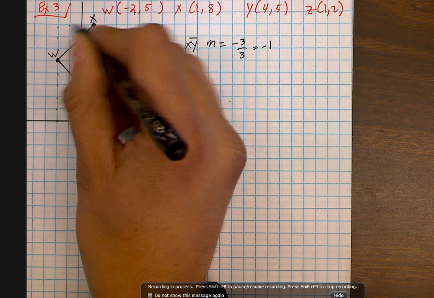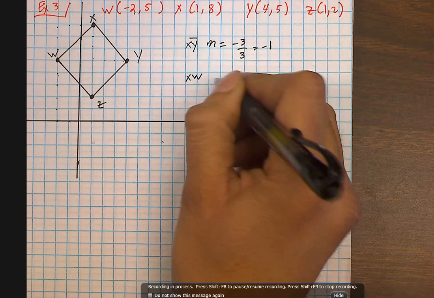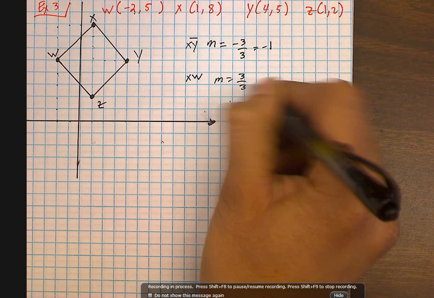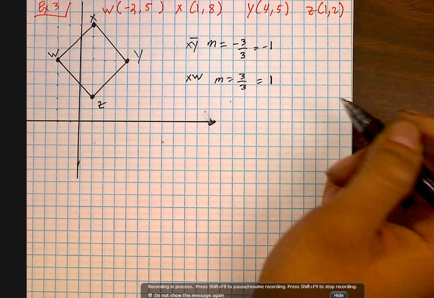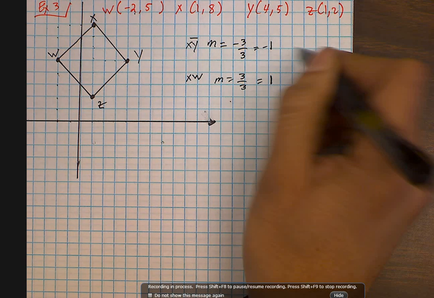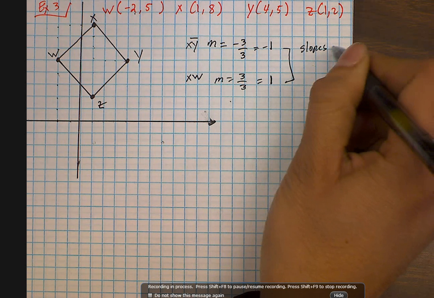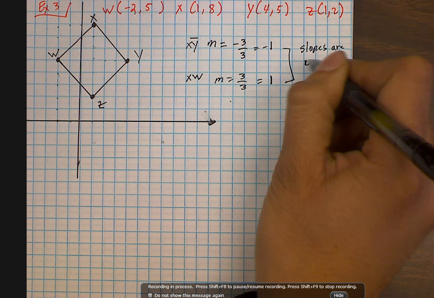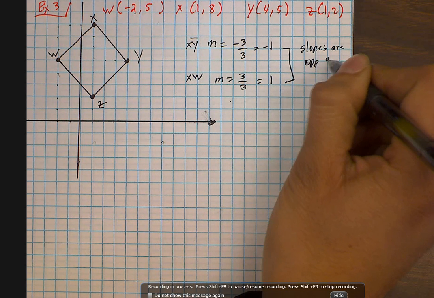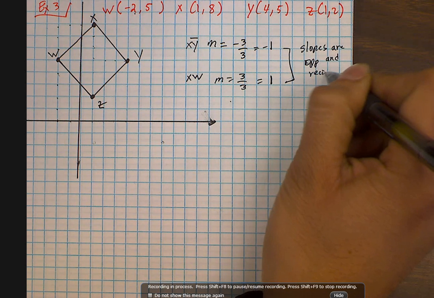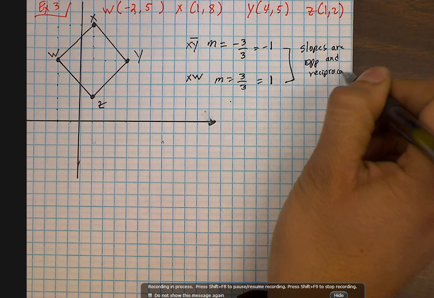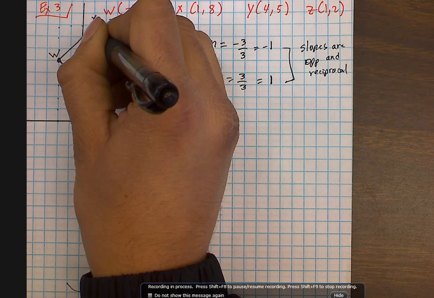So that is positive 3 over 3. Now, if you look at these two, the slopes are opposite and reciprocal. So that tells you that this one is a right angle.